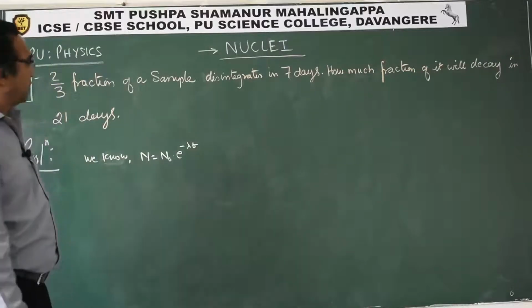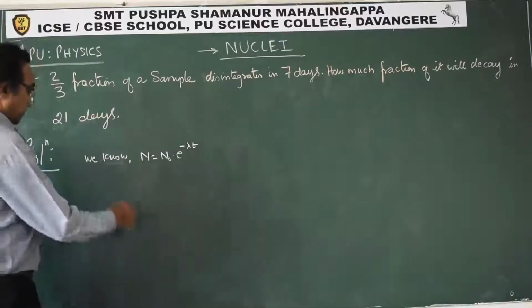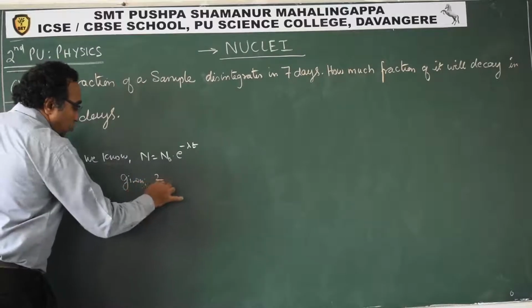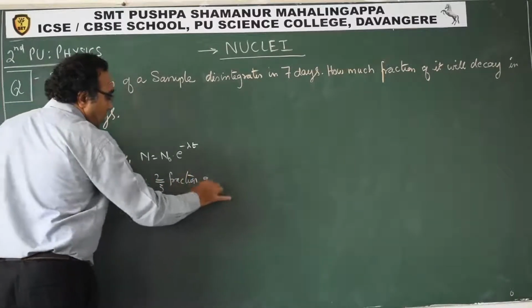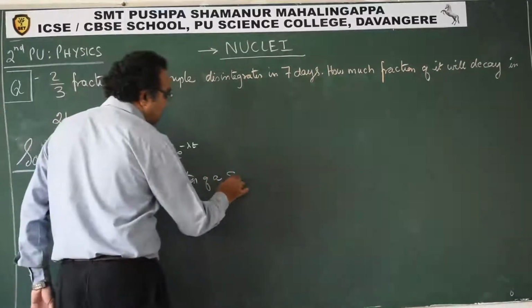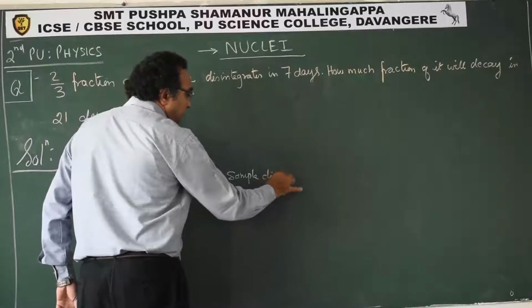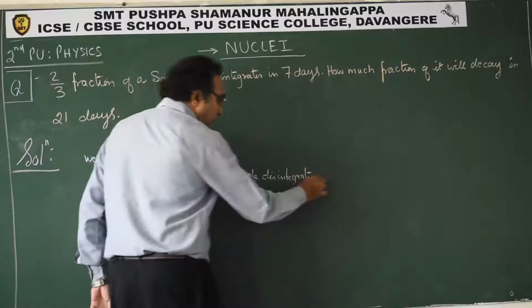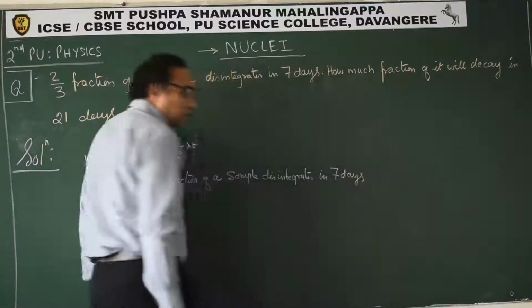Please understand that. Now it says 2/3 fraction of a sample disintegrates in 7 days. This is what is given.